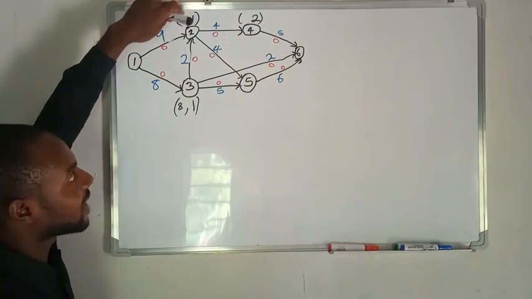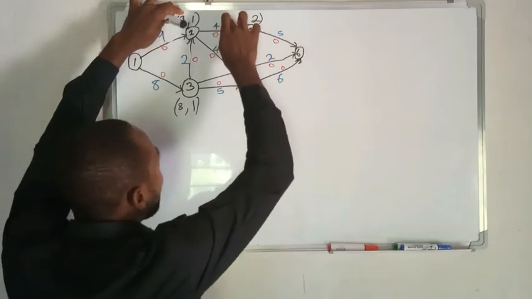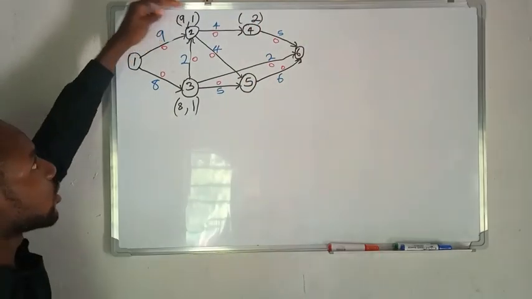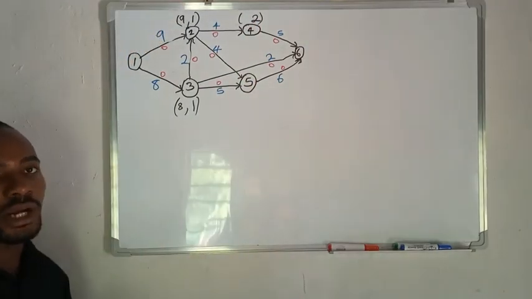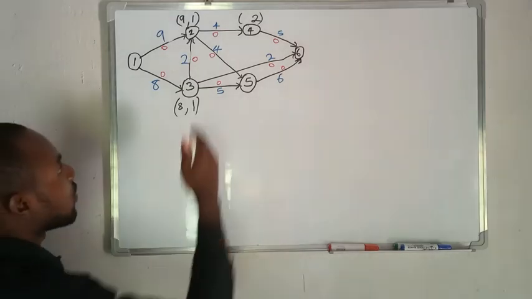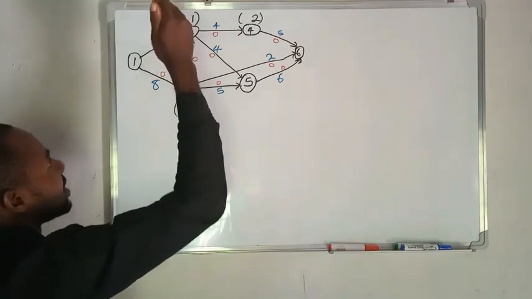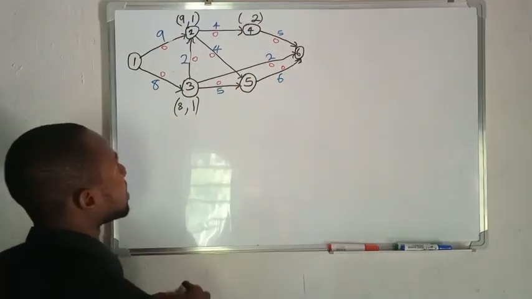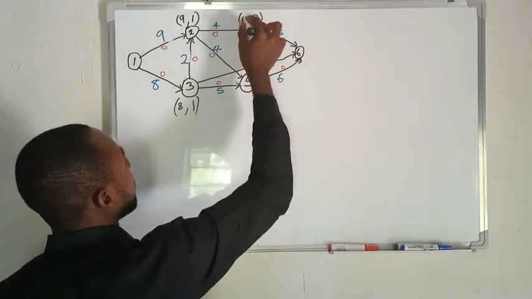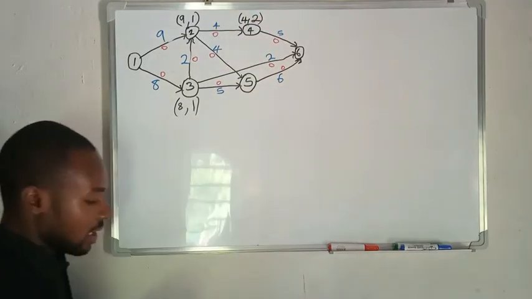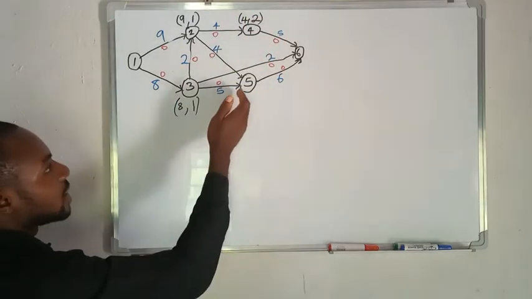Here we have 9, and here we have 4 as the excess capacity. So we compare the two of them and get the one that is smaller. That is what we are going to write here. 4 is less than 9, and so we write 4 here. So I have 4 comma 2 here, and then we go to the next node.